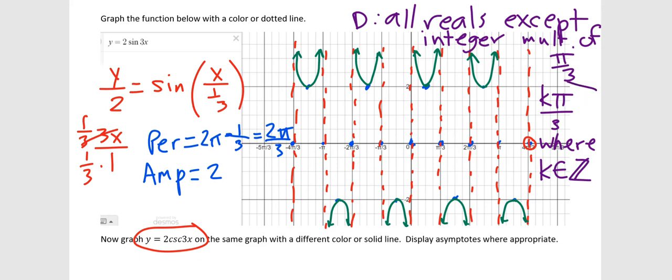Okay? That is what we're going to see and what we're going to write. And I need you to understand it, be able to read it, be able to write it. I have seen people use the letter n before. N pi over 3. It doesn't matter what letter you choose, as long as you're telling me that k is an integer.